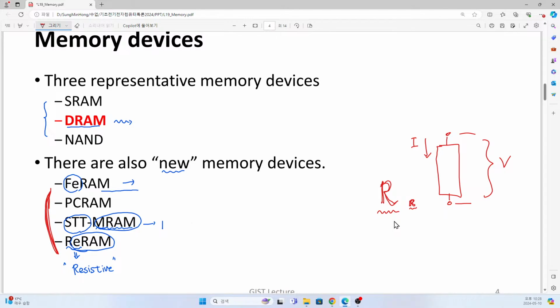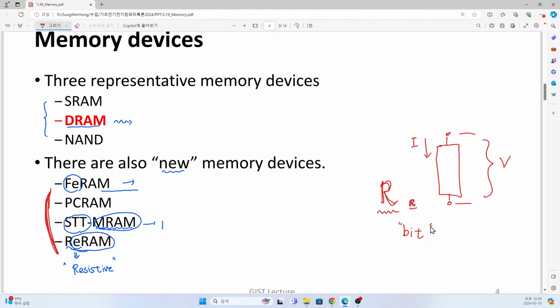So say that one of them is logical 1 and one of them is logical 0, then we can distinguish two different states, so that is regarded as a bit. Yes, that is the common way of this kind of new memory devices.